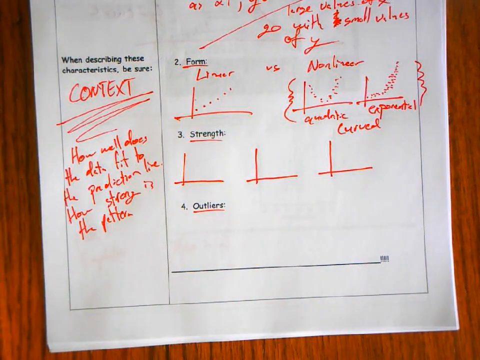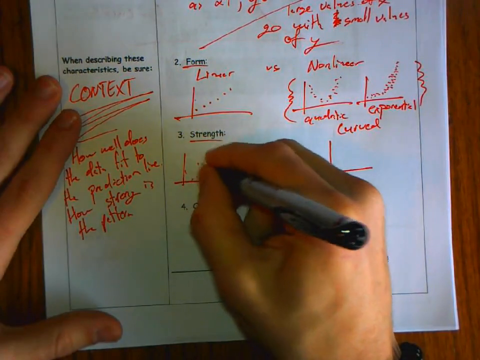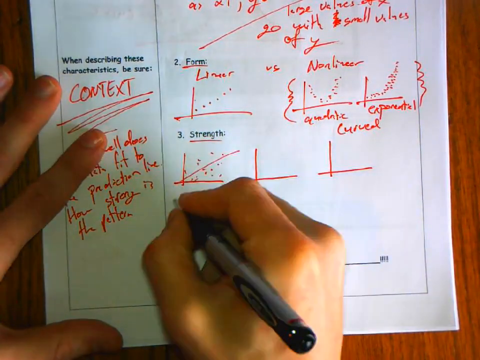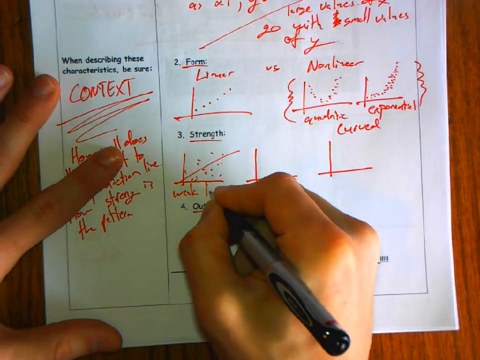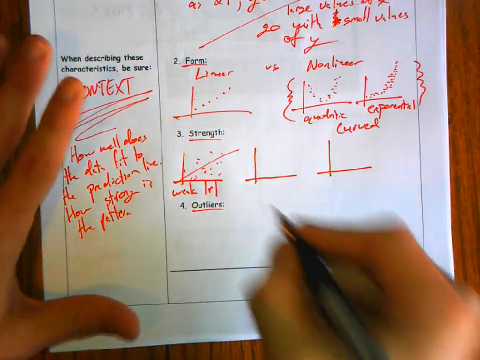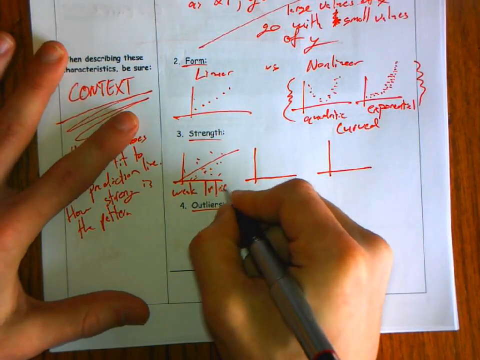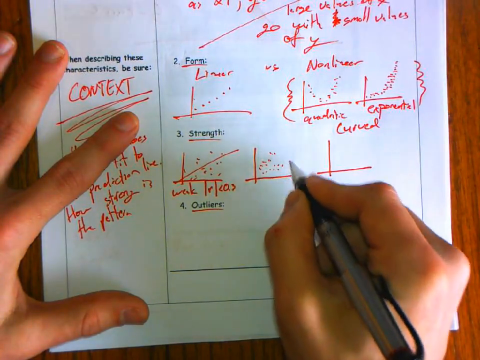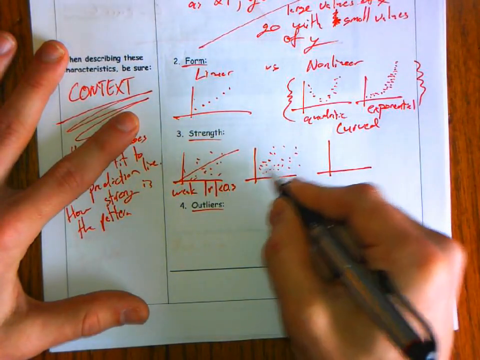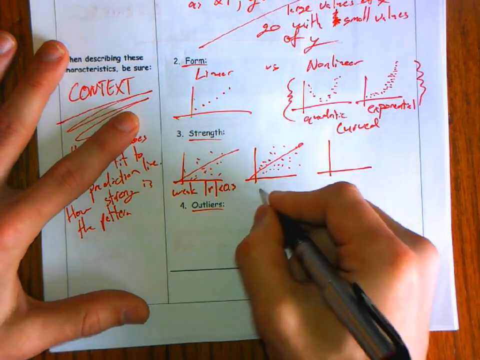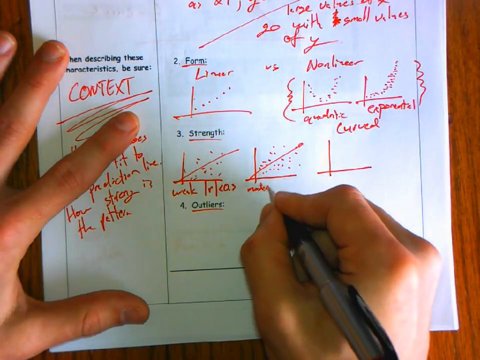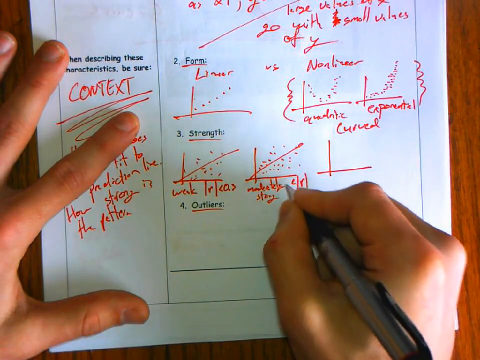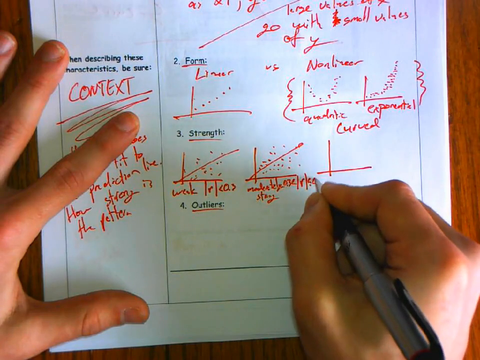You might have a not very strong pattern. Weak. And in that case, we're going to have something called R, the correlation coefficient, eventually. We're going to say absolute value of R is less than 0.3. You might have something like that, moderate, or moderately strong: absolute value of R between about 0.3 and 0.7.